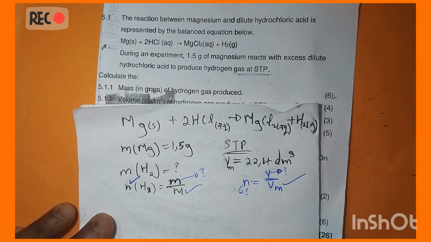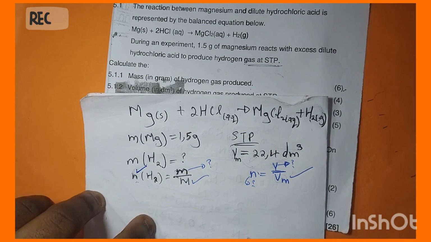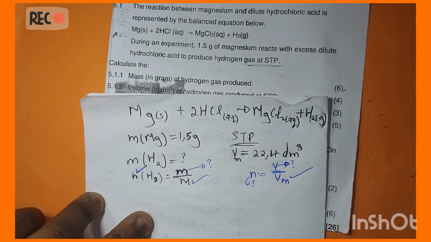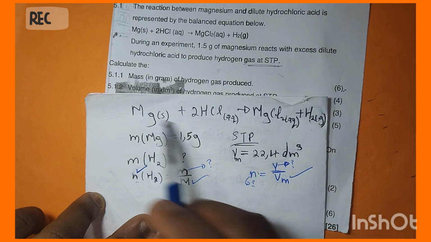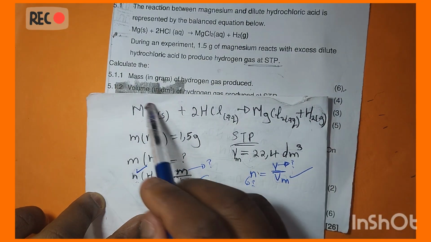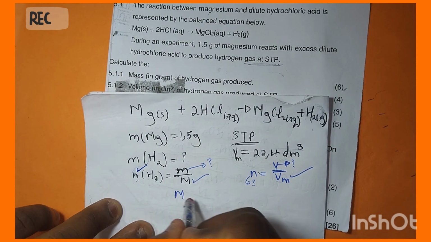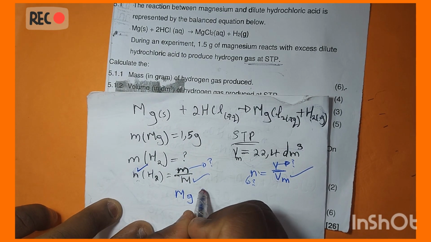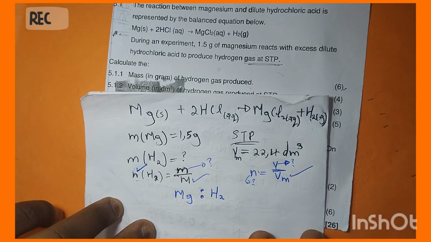So the key thing I will do here is apply what we call a molar ratio. What is a molar ratio, guys? A molar ratio is whereby we compare two compounds. This is a compound that I know, which is this, and I will compare it with this one there. Do you see?